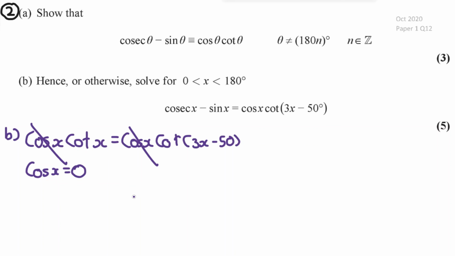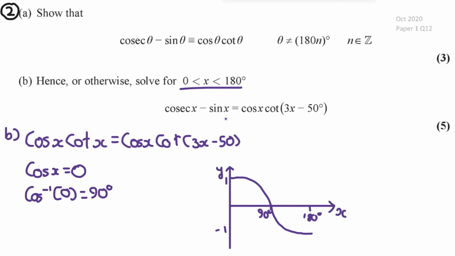And this does actually work. It is quite a clever way of getting around this. I'll explain a bit more in a sec why this does work. First of all, let's find the solutions for when cos of x is equal to 0. So the inverse cos of 0 in degrees is equal to 90 degrees. And then between 0 and 180 degrees, there is only one point in which cos of x is equal to 0, which is 90 degrees.